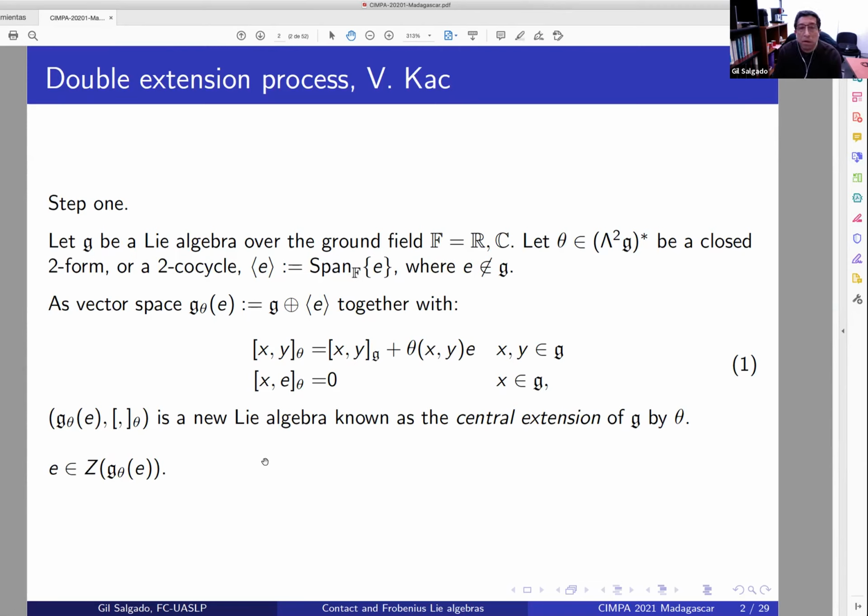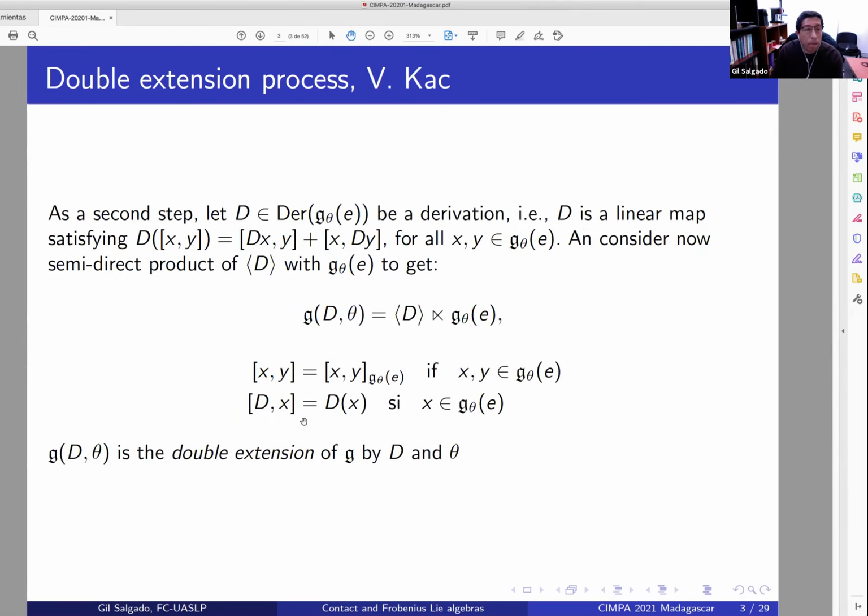As a second step, we need a derivation of the central extension of the Lie algebra. A derivation is a linear map satisfying the Leibniz rule. We construct a semi-direct product of this abelian one-dimensional Lie algebra with the central extension.